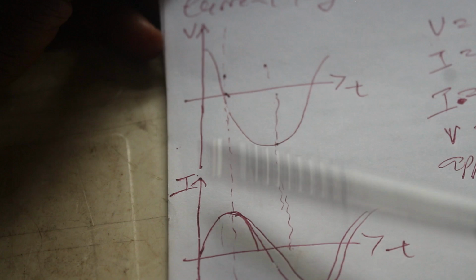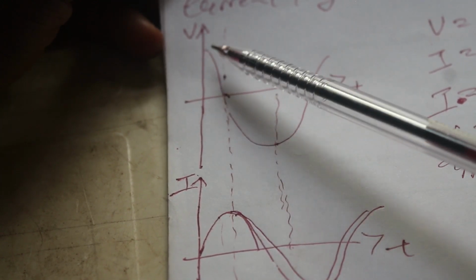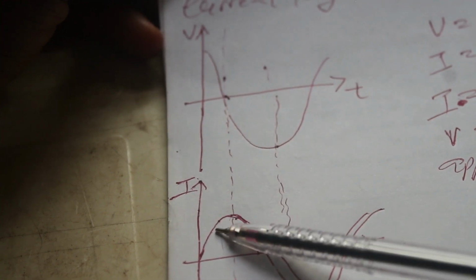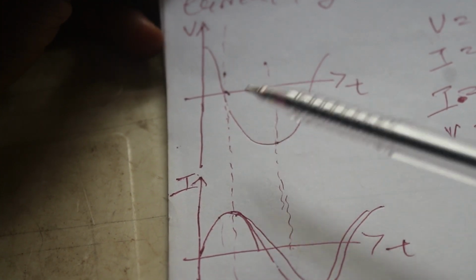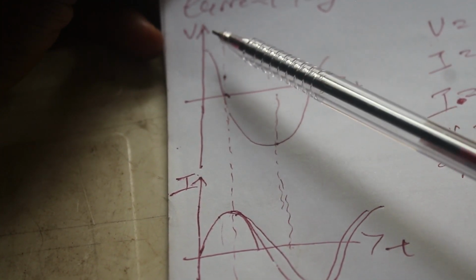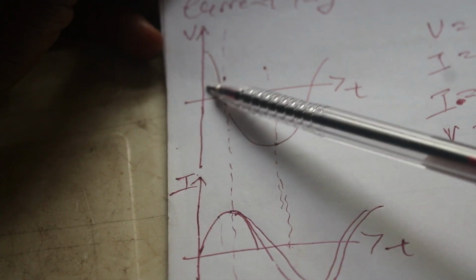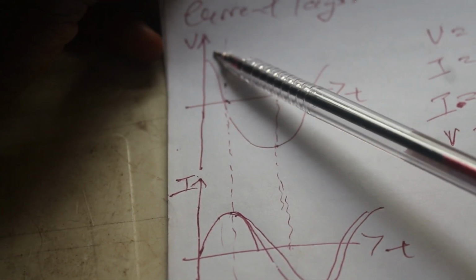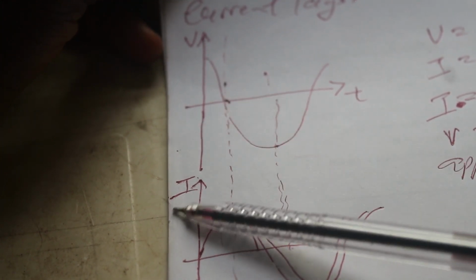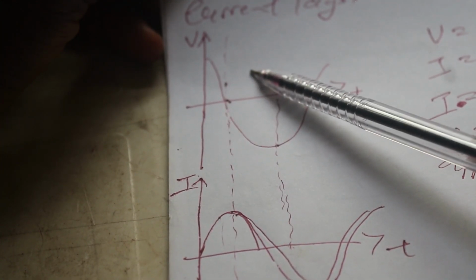Both of them are out of phase, and that means when this one is reaching its peak, this one is not at its peak. When voltage reaches its peak, it will take another quarter of a cycle before current reaches its peak as well.